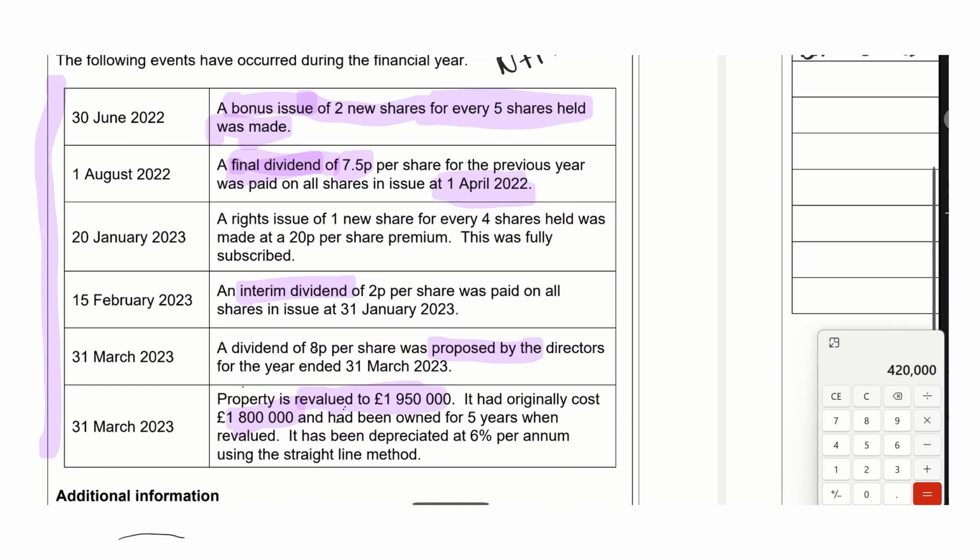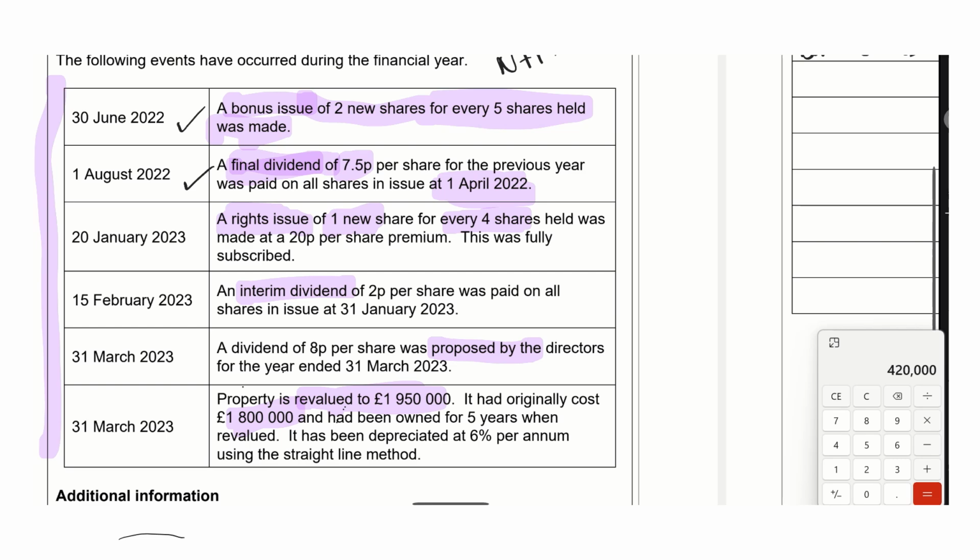As a student, what I would be doing is marking these off just so I know where I'm up to. Sometimes under exam pressure, you may forget about one particular item, so it's always good to tick off things that you've dealt with. On the 20th of January 2023, a rights issue, so this is different from a bonus issue, of 1 new share is given for every 4 that have been held.